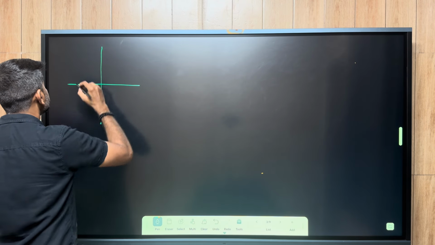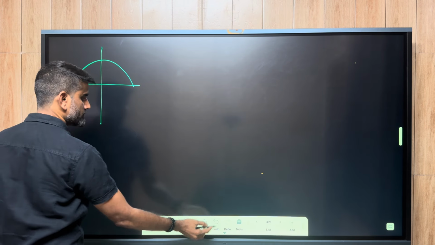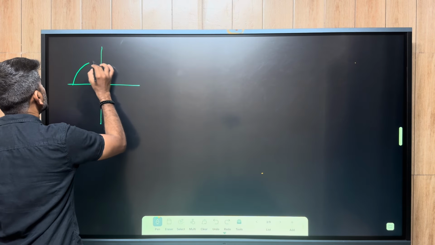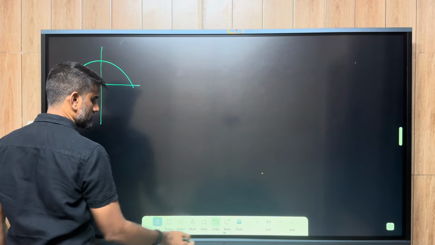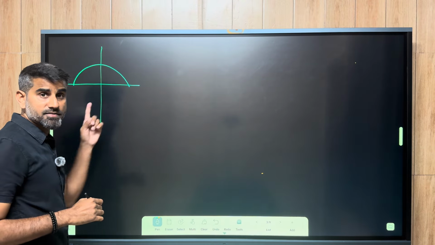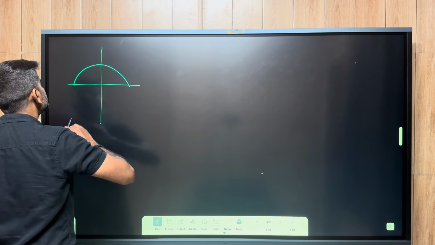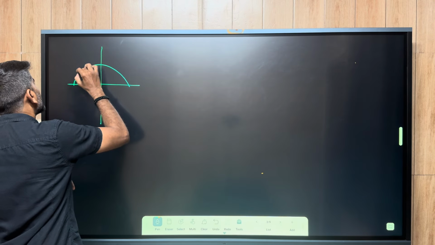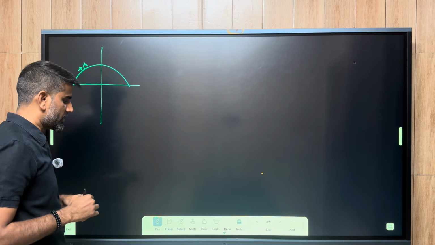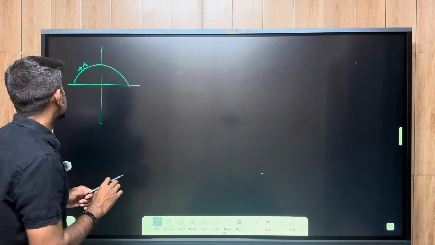I have a semicircular wire here, which has positive lambda charge density.